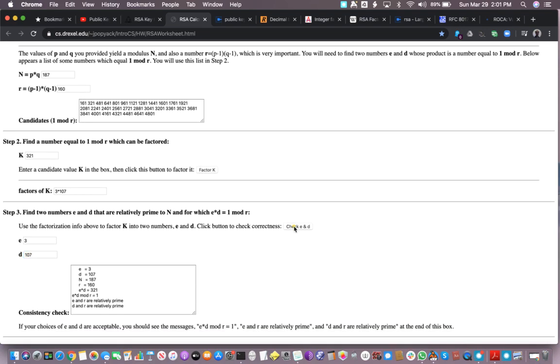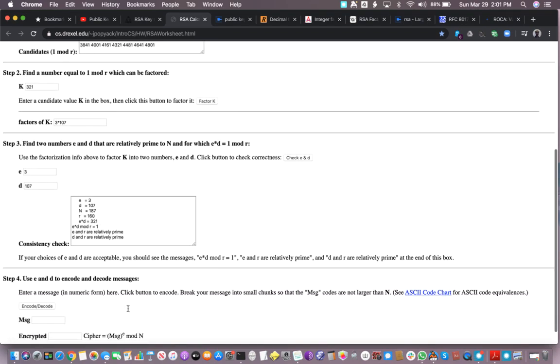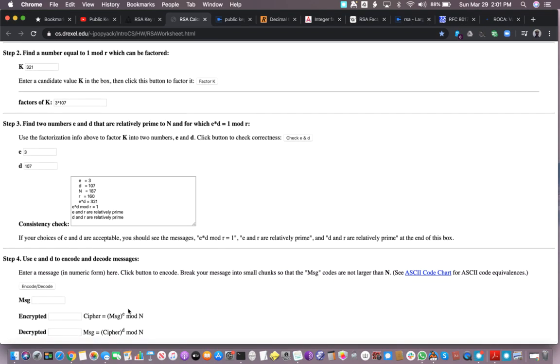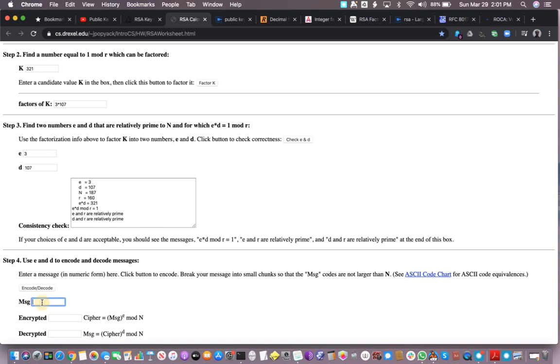Then it says check them. So E is 3, D is 107, N is 187, phi of N is 160, E times D mod phi of N is indeed 1, and we're all set. So now it'll allow us to encrypt. I need to take a message which has to be in Zn star. How about 102?